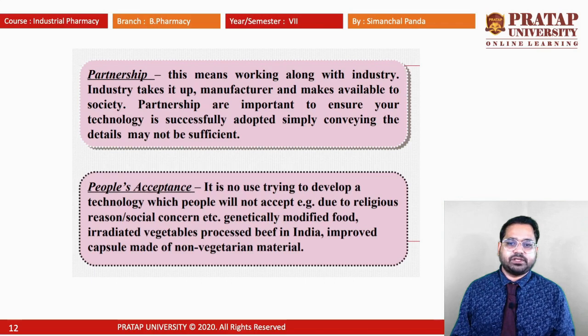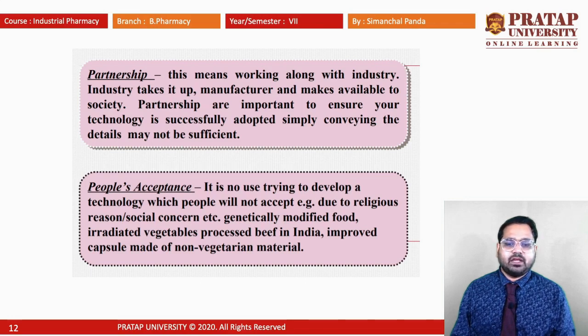Due to different religious, regional and social concerns, people also don't accept some products, such as genetically modified products, irradiated vegetables, processed beef in India, or capsules made of non-vegetarian material. These are different people-compliance issues, so people will not accept them easily.